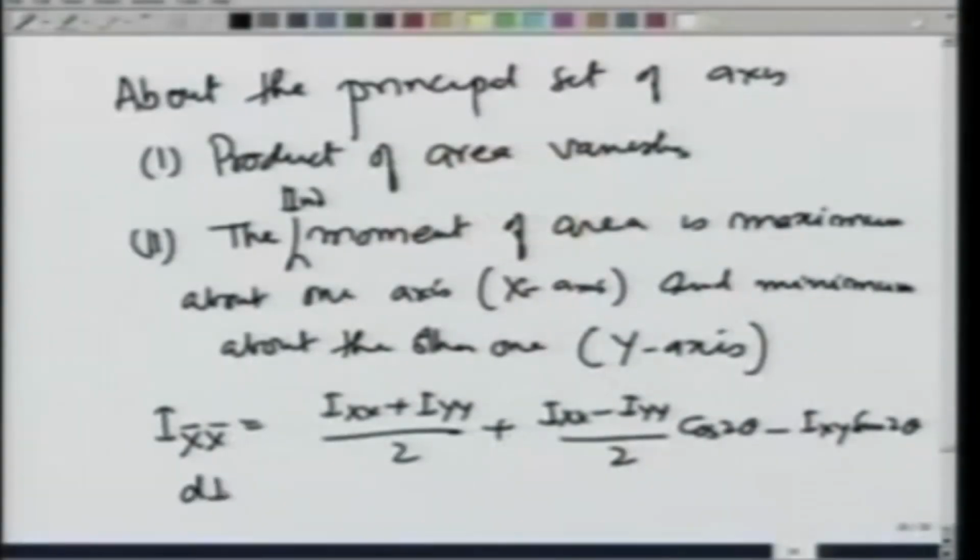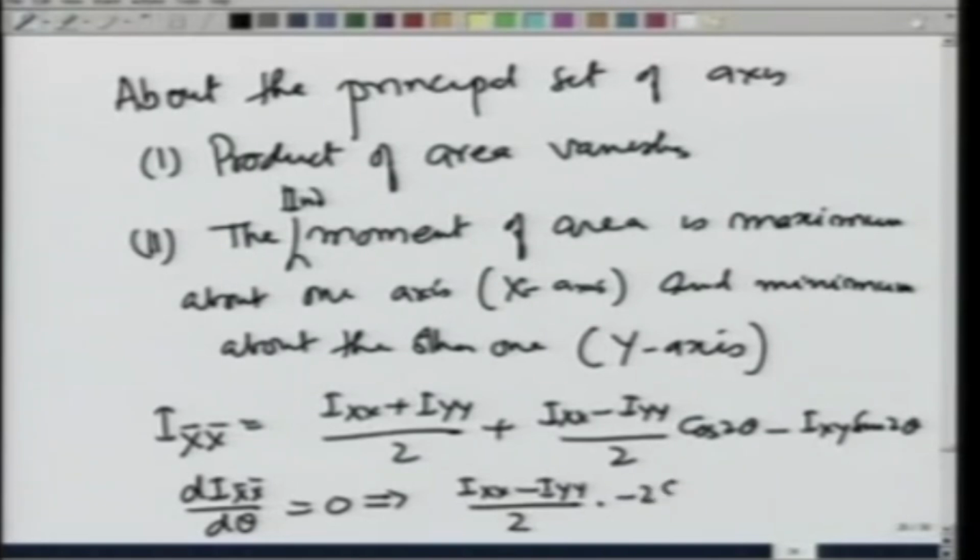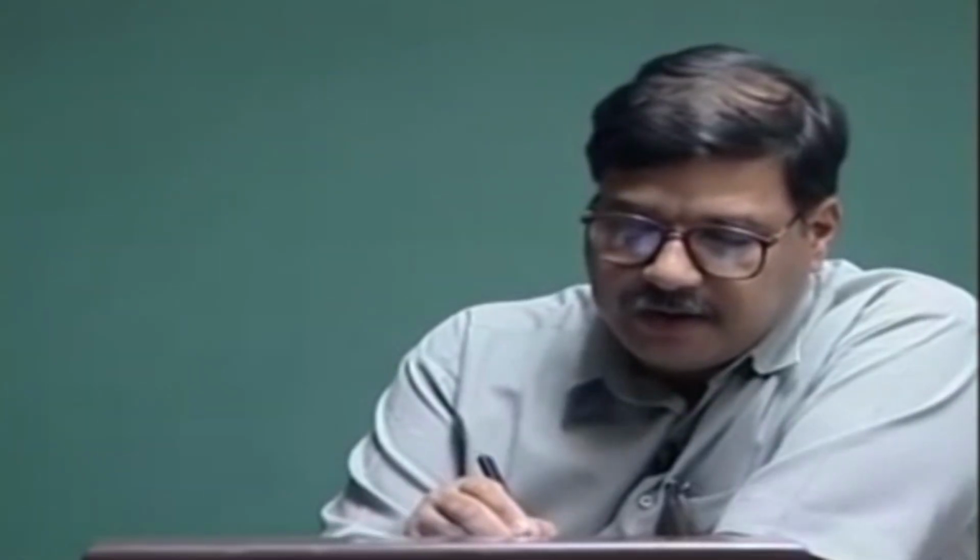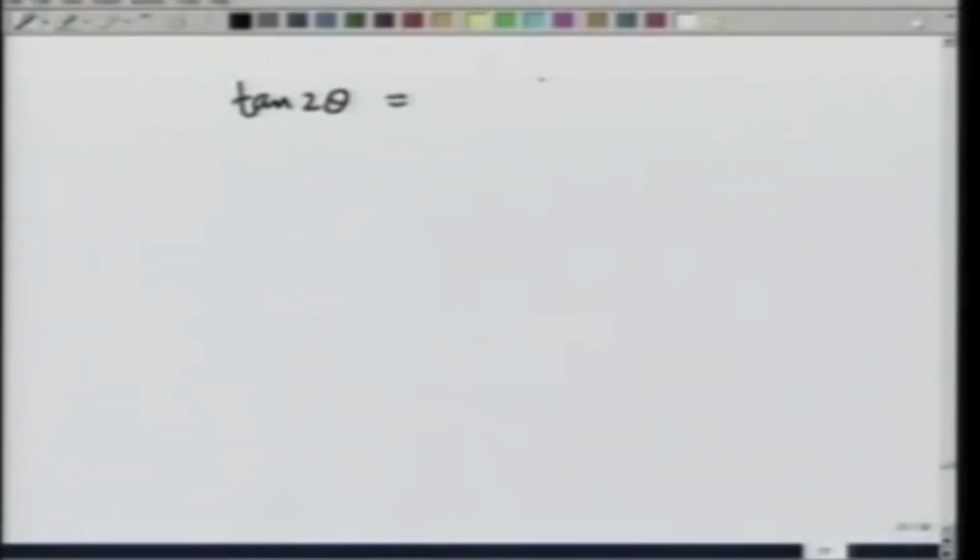So for that I have to do d I x bar over d theta equal to 0, and when I do that, this implies that (Ixx minus Iyy) divided by 2 times minus 2 sine 2 theta minus 2 Ixy cosine of 2 theta is equal to 0, and that immediately gives me that tangent of 2 theta is equal to 2 Ixy divided by (Iyy minus Ixx).